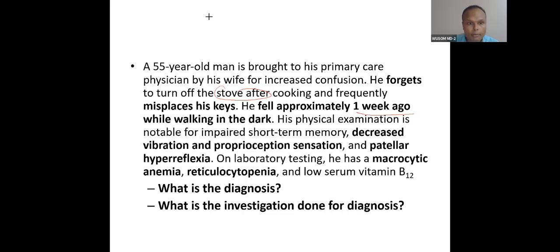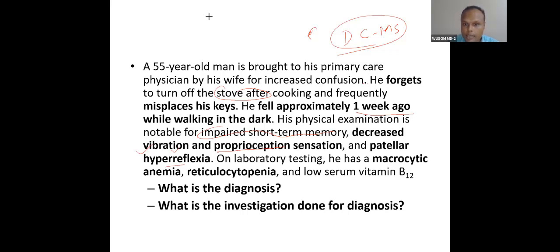His physical examination is notable for impaired short-term memory. Decreased vibration and proprioception. So, which tract is involved? The dorsal column medial lemniscus pathway is affected. This means vibration, proprioception. Patellar hyperreflexia is there.